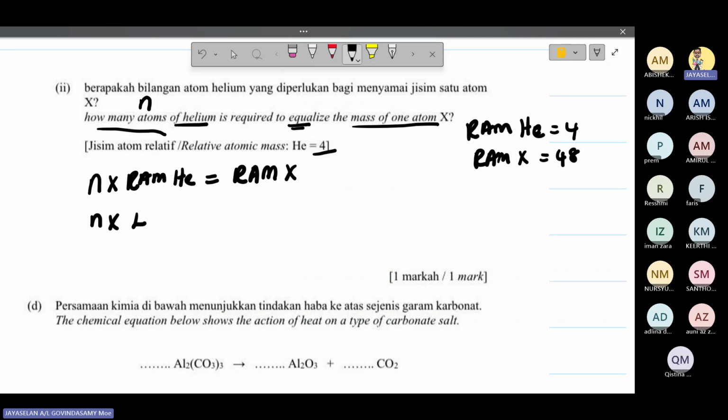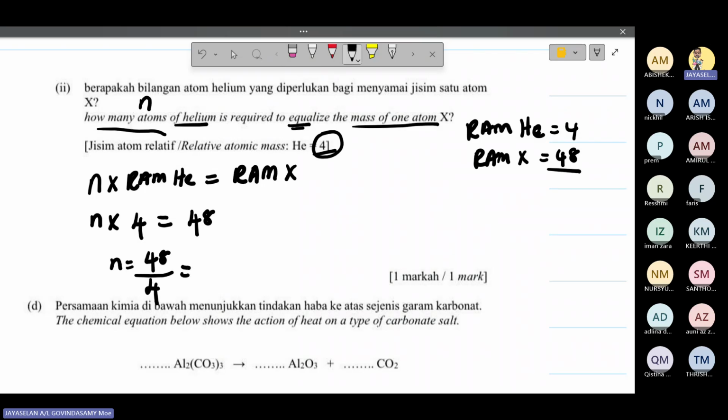RAM of helium berapa? 4, ambil ni, then sama dengan RAM of X berapa? 48. Now you find the N. So how to find the N? 48 bagi 4. So you will get how much? The answer 12, right? So 12. Okay, any question? So we need 12 helium atom to equalize the one X atom. Okay, soalan macam ni jangan salah kalau keluar dalam exam.